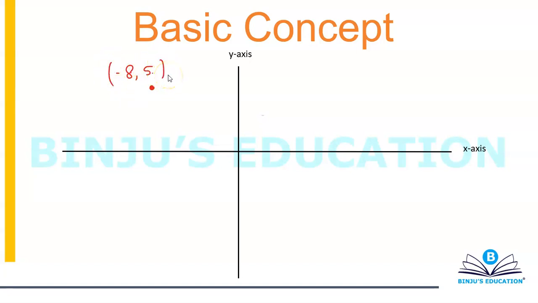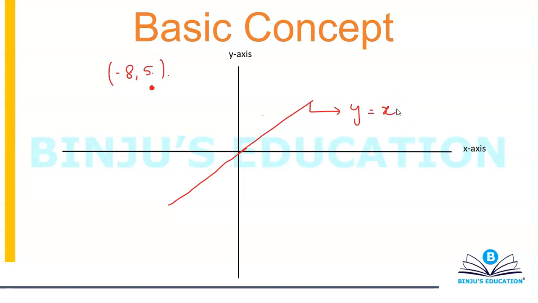I have this line, and I want to take its reflection along the line y is equal to x, or x is equal to y, whichever way you want to put it.